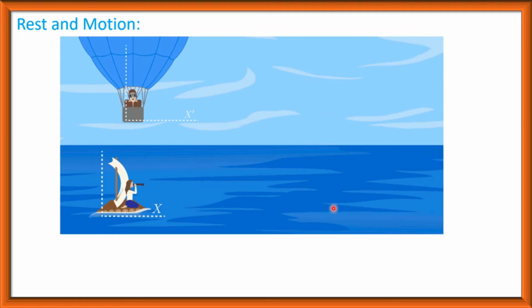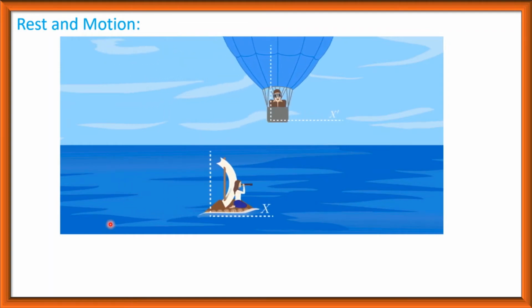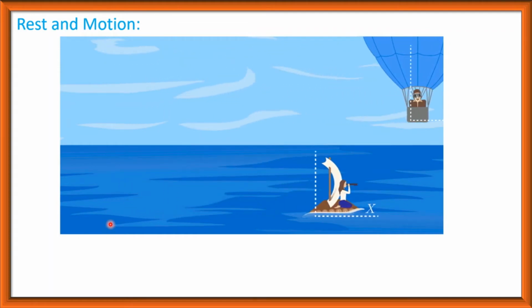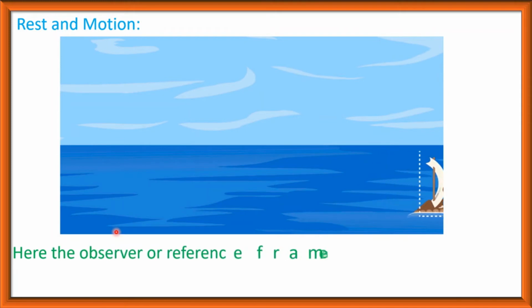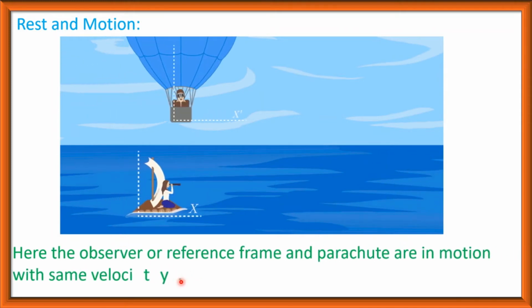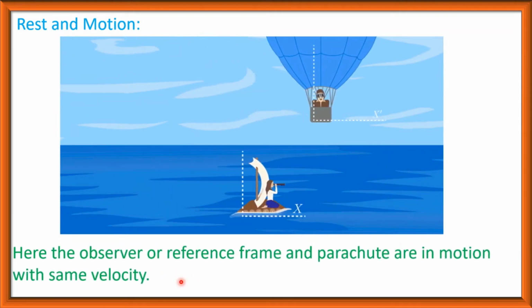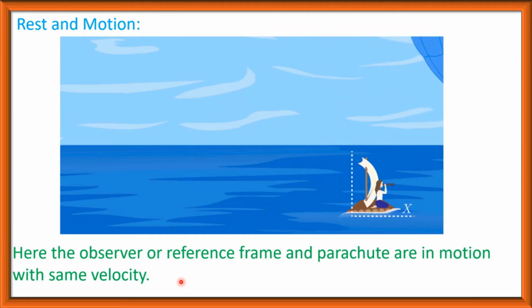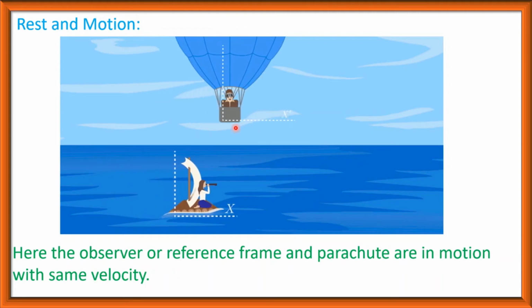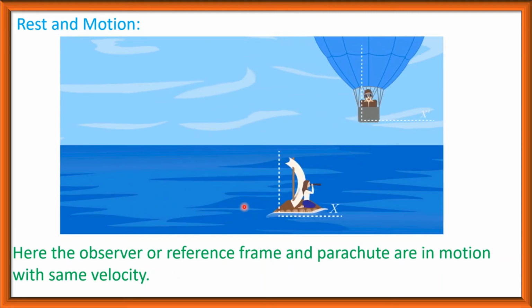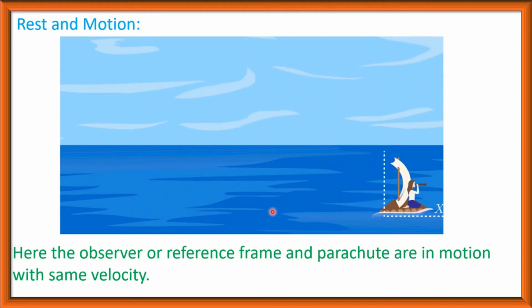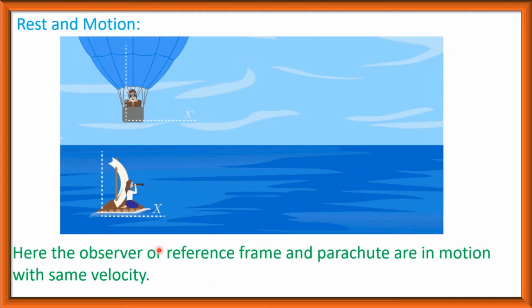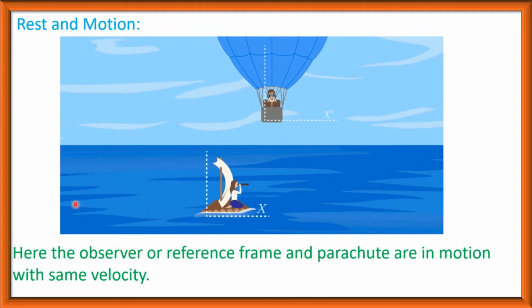Here the reference frame may be at rest or in motion. So here the observer or reference frame and the parachute are in motion with the same velocity. Though they are both in motion, with respect to one another, their state is at rest.